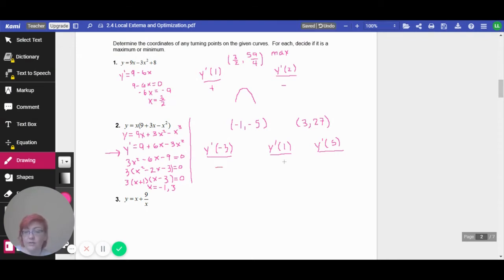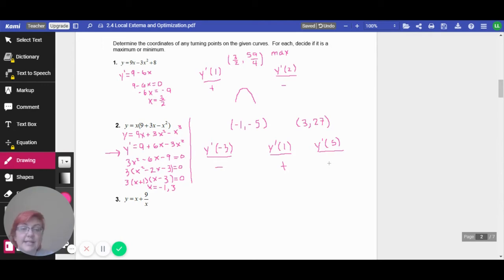Let's go over here to 1. Same thing. 9 plus 6 times 1 minus 3 times 1 squared. That is positive. And then over here to 5. 9 plus 6 times 5 minus 3 times 5 squared.